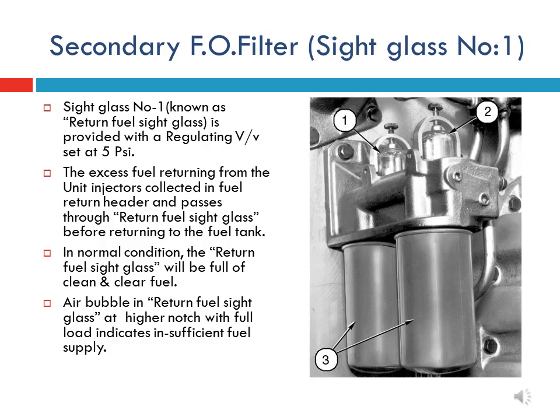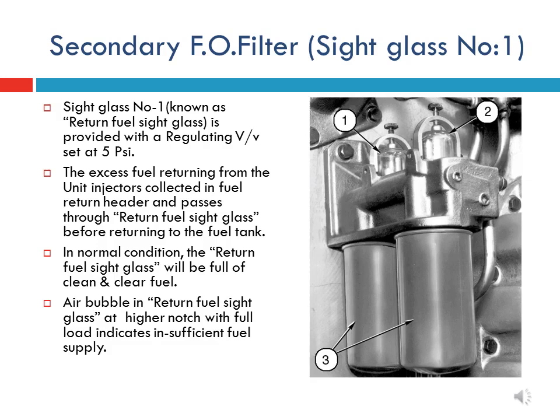In this slide, let us discuss sight glass number 1 and its role. Sight glass number 1 is also called return fuel sight glass, and it is closest to engine body. The excess fuel oil that has not been injected inside the combustion chamber gets collected in sight glass number 1 and returned to fuel tank for recirculation.